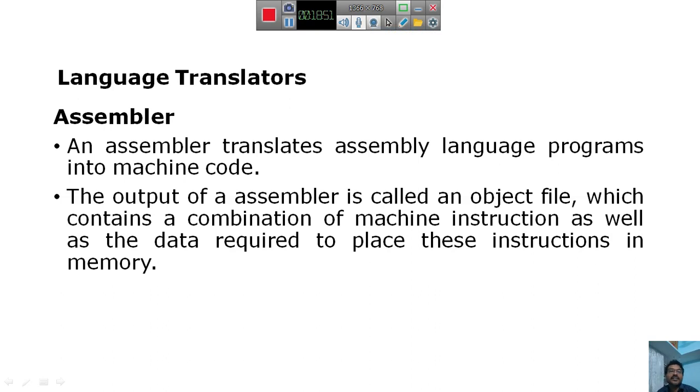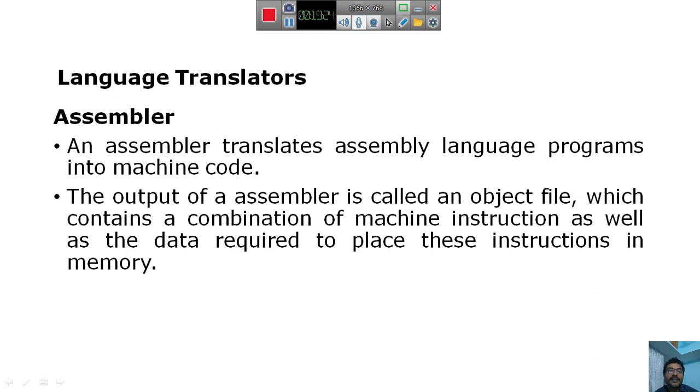Assembler is one of the language translators. It converts assembly language instructions into machine language, to be understood by the computer.